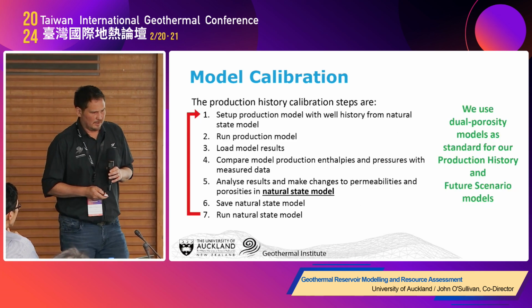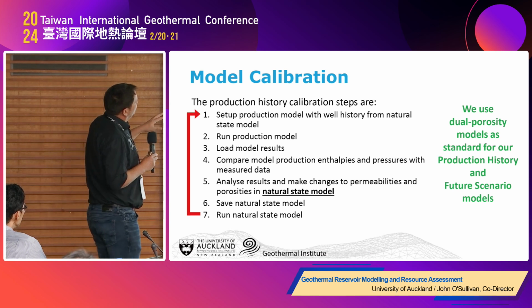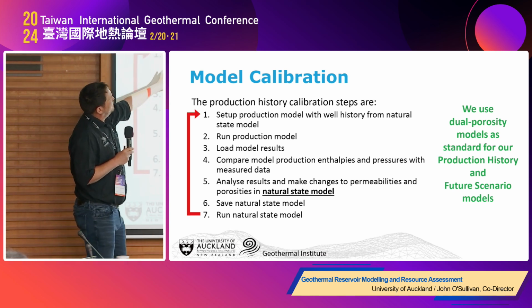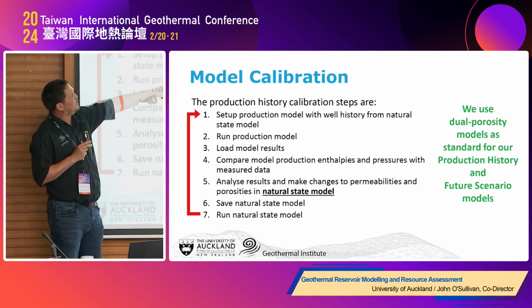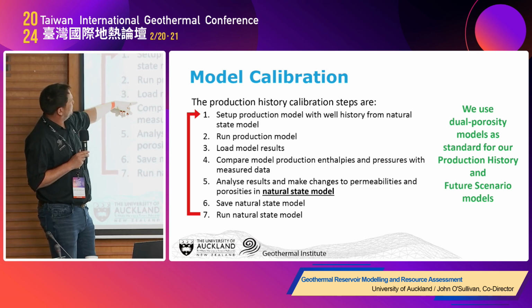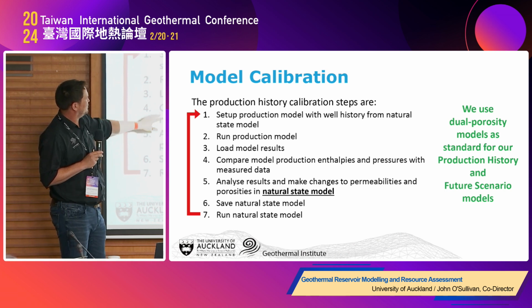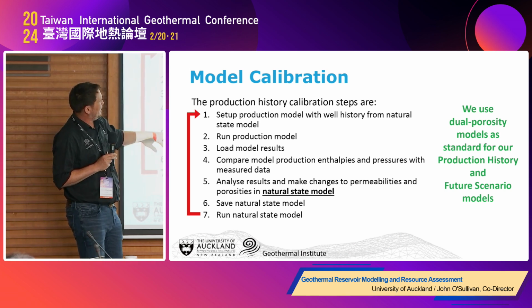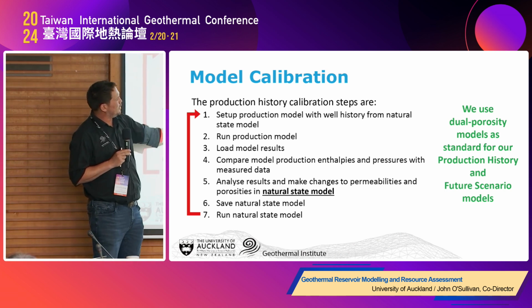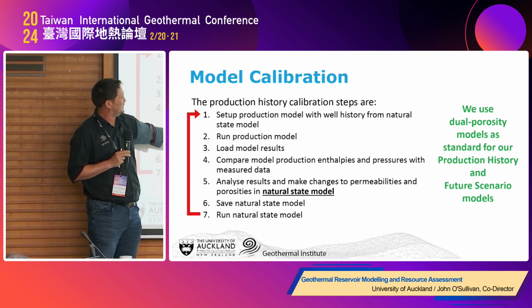And so these are the steps. You set up the production history model with all the well history using the natural state model. You run the production model, load the model results, compare the production enthalpies and reservoir pressures with measured data, analyze the results, and then you go back and you make changes to the permeability and the porosity in the natural state model.